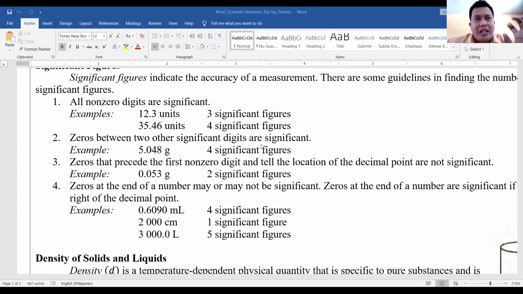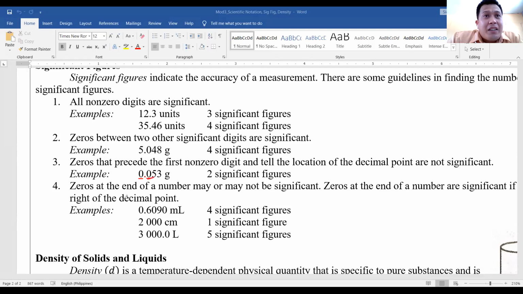So these zeros located in between two significant digits are significant. But zeros that precede the first non-zero digit up to the location of the decimal point are not significant. This one is not significant. These zeros simply tell us the location of the decimal point, and this is also not significant.